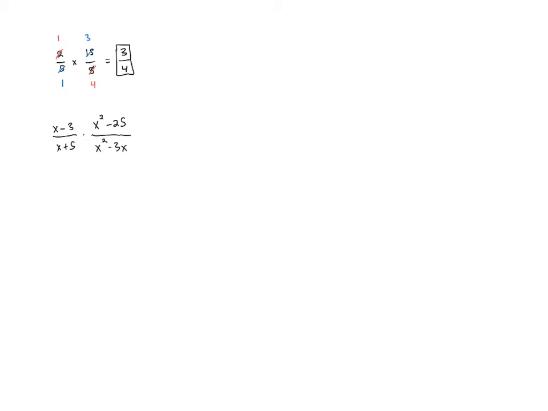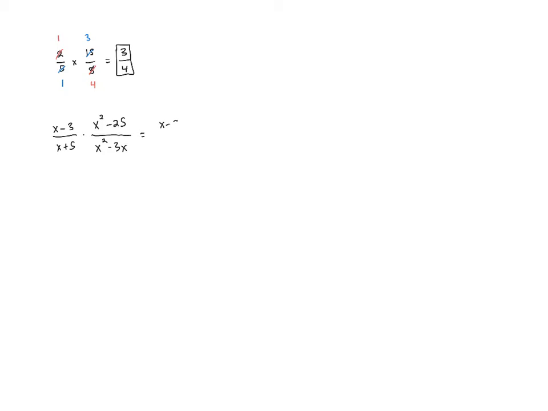This is a product of rational expressions, and even though they're rational expressions, they're still fractions, and so we can still cross cancel. But the thing that we have to do is factor each of these so we can find factors that we have in common that can be cross-canceled.